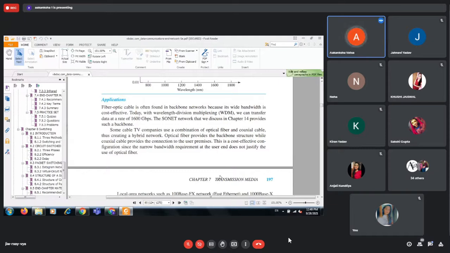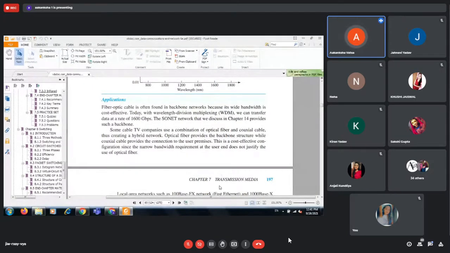Suppose you have a telephone network or a mobile network or some communication network, where a backbone network connects the subscribers, offices and individual homes. At the backbone of that network you can use optical fibers because they have a higher bandwidth and higher data rate. There you need higher-end devices and higher-end networking, so you can use fiber optic cables.